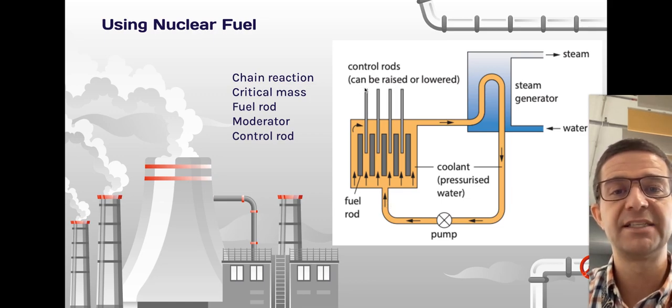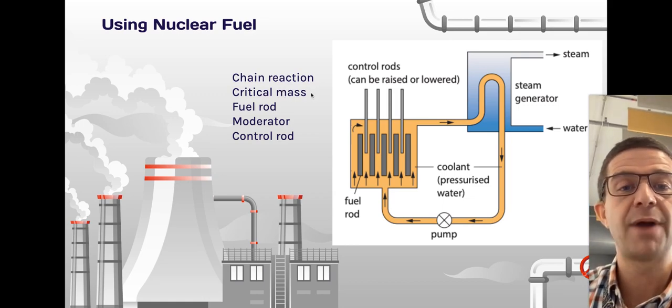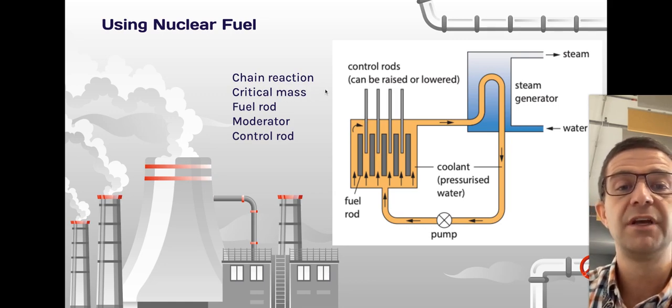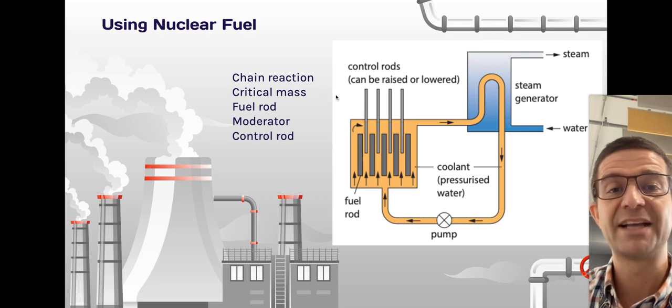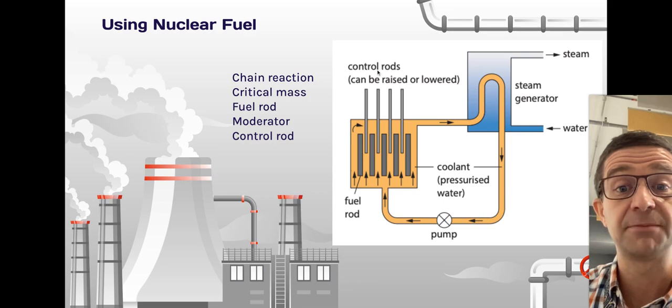The control rods can be lowered all the way down to reduce the amount of fissionable material you have in one region to prevent it from undergoing fission, or removed to reach that critical mass where fission is occurring in this chain reaction.